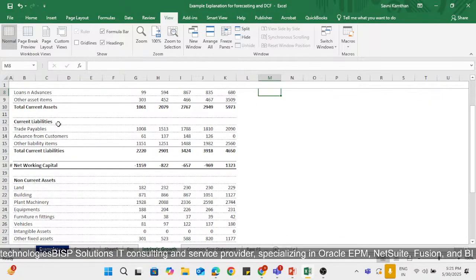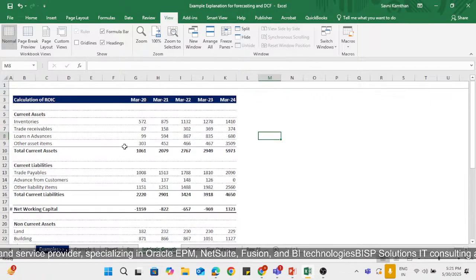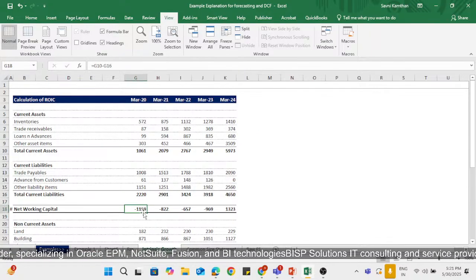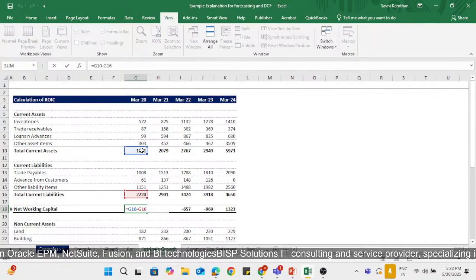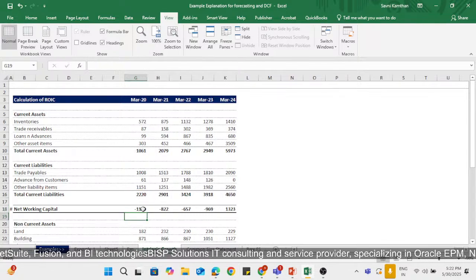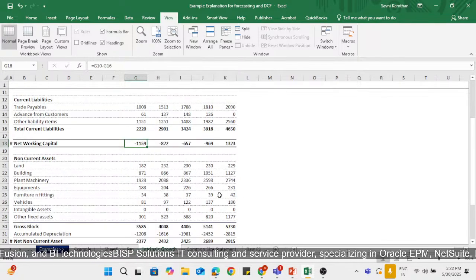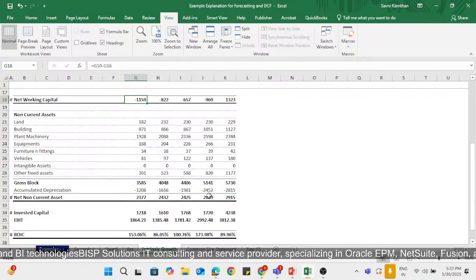Then for current liabilities, I have calculated individually, like trade payables, advance from customers and other liability items. Now if I want to calculate my net working capital, I have subtracted total current liabilities from total current assets, so it gives me 1159 rupees, or net working capital will be 1159 in negative.